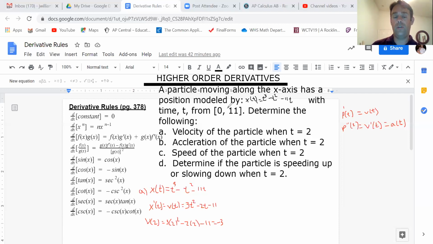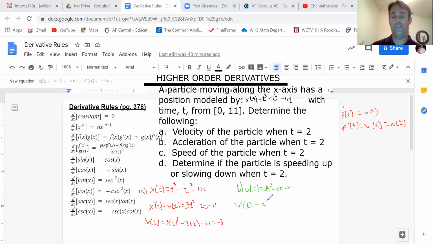What about the acceleration? Friends, why don't you guys go ahead and find the acceleration? Go for it. All right, so if I take the derivative of velocity, I get acceleration.